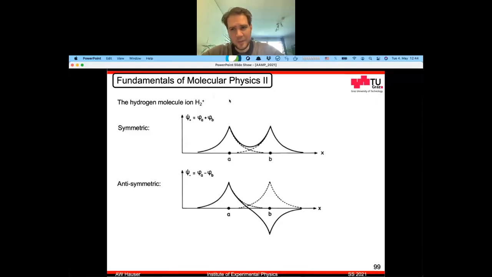And simply from the fact that we have a strong repulsion interaction between the two nuclei, it is obvious that this state is the one that compensates and leads to a bound state, whereas the antisymmetric configuration has a vanishing electron density between the two nuclei, and therefore no compensating effect with respect to the repulsion between the positive charges of hydrogen nucleus A and B. Therefore, this wave function, which we denote as antisymmetric or as psi minus, is a wave function that describes a state that is not bound, right?